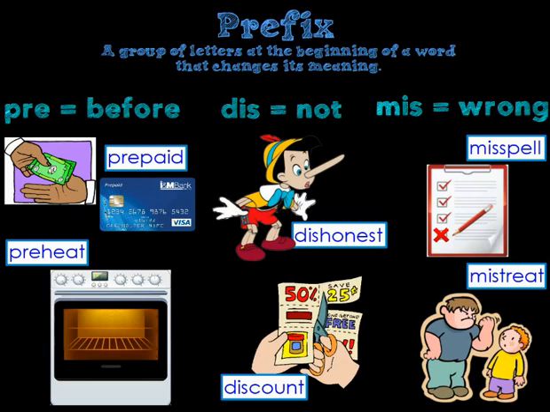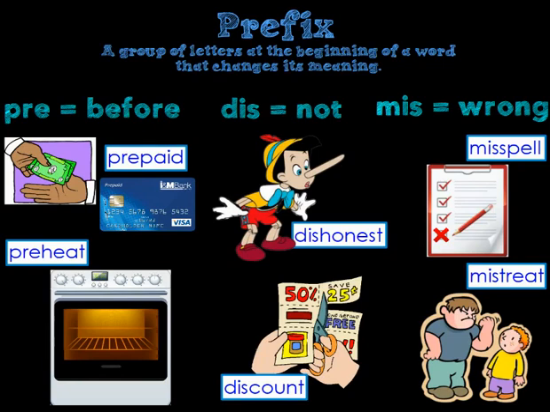This week, we are going to learn about prefixes. Prefixes are a group of letters at the beginning of a word that changes the word's meaning. There are many prefixes, but today we're going to focus on 3 of them.